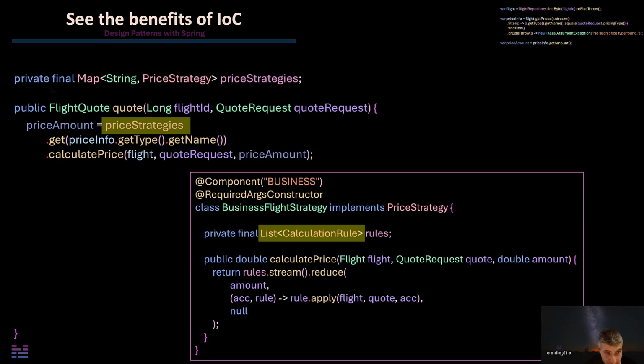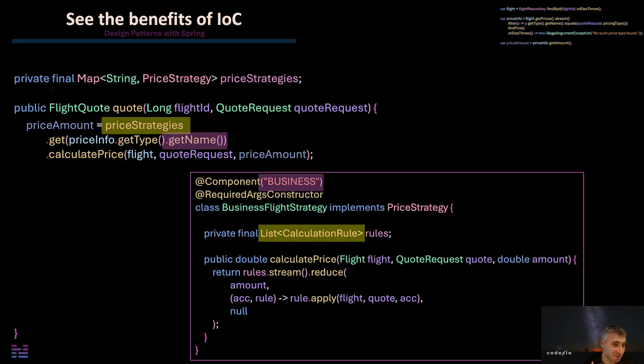The interesting part is what are going to be our keys, the string in the map. Well, it's going to be the component name. This business that is put inside the component is going to be the key inside the map. So you can easily say, okay, from my request I receive business as uppercase, then I can easily find it in the map. I don't need to do any if else or any other conditional to find the particular strategy that I need.